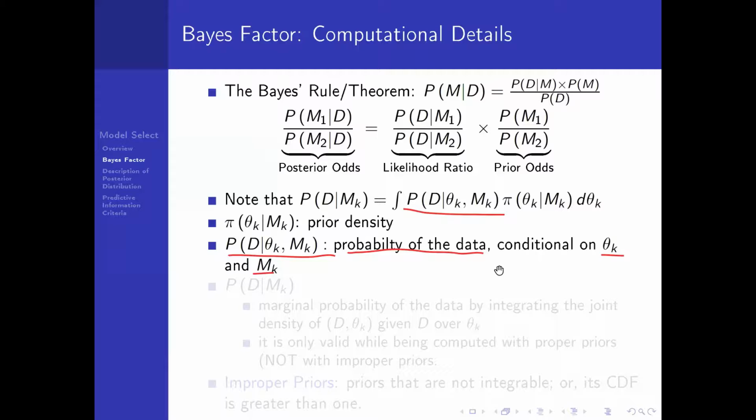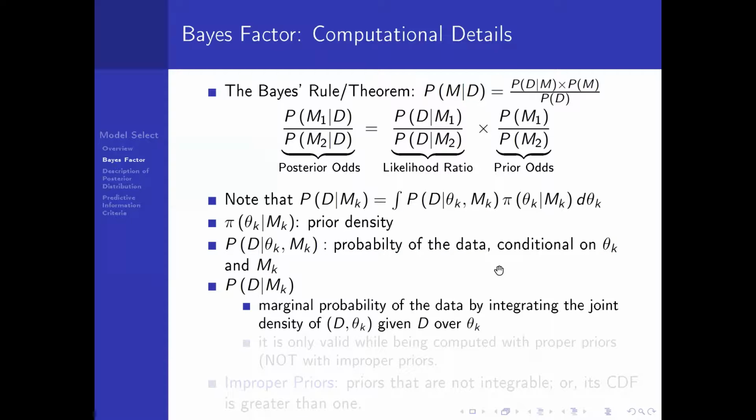Again, let me bring you back to our target, that is the marginal probability of data, by integrating the joint density of data and theta K given data over theta K. It's going to integrate out theta K so that we're left with model as the only conditioning factor.